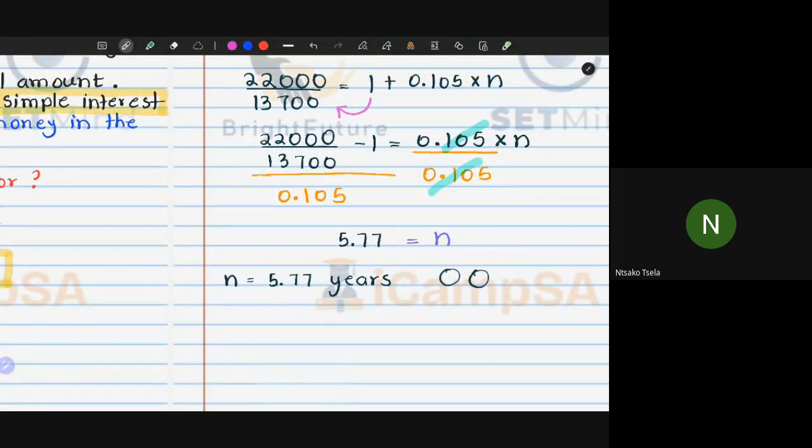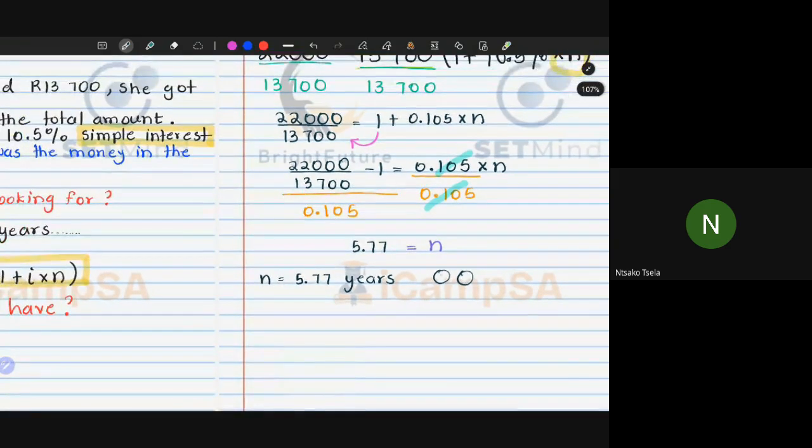Wow. But at home, you have a young one. He's 5. He's saying, what is 5.77 years? I've never heard that. I thought I grow up, I'm 1, I'm 2, I'm 3, I'm 4, now I'm 5. And you are saying there's something called 5.77 years. What is that?